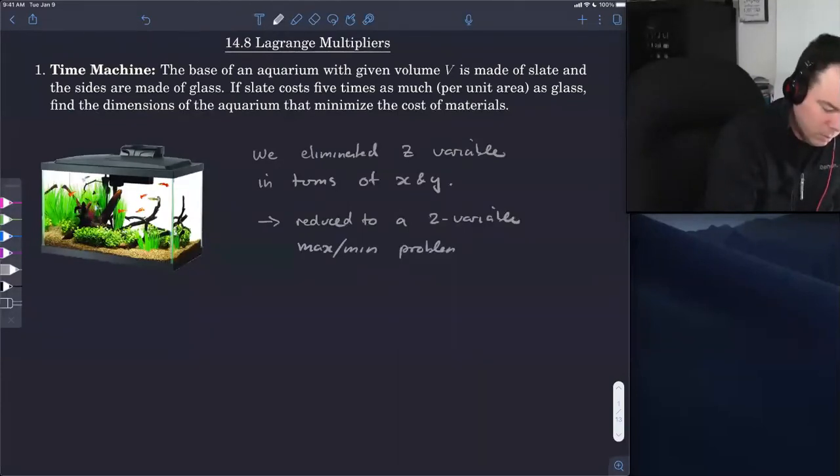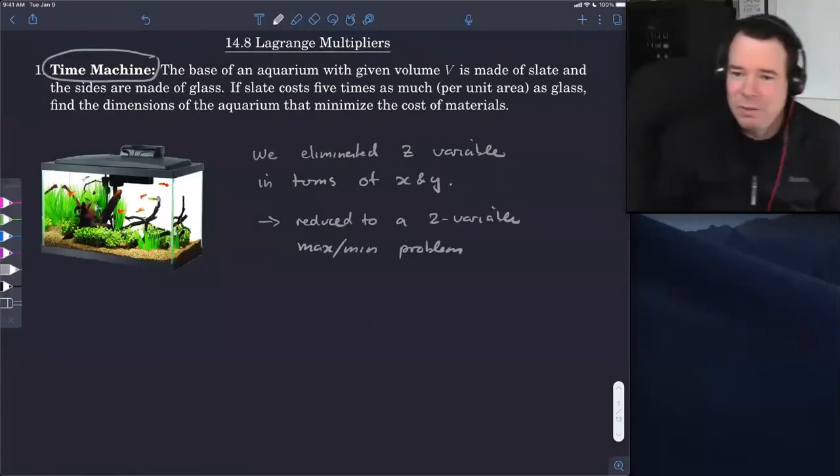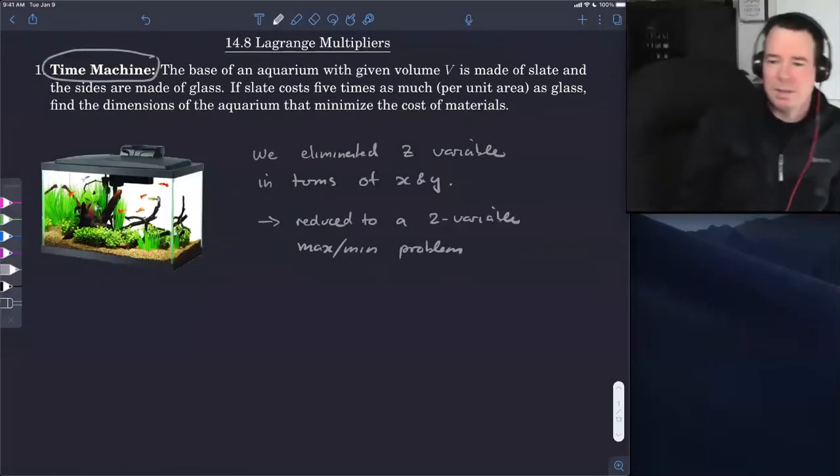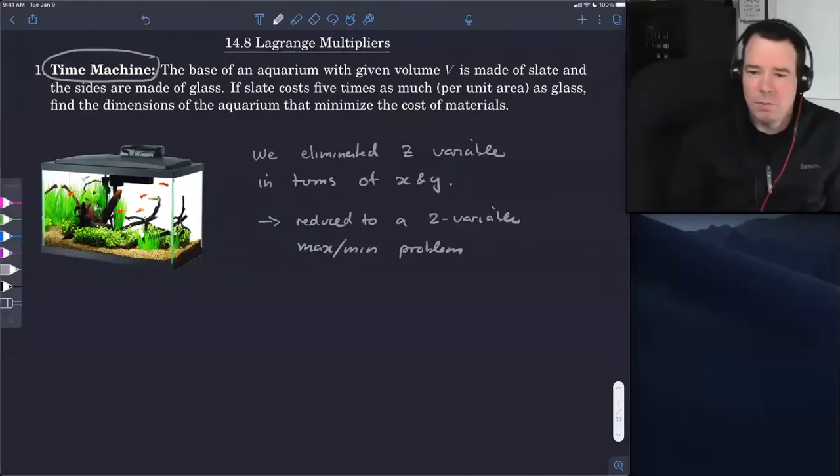Okay, so this is where the word time machine is coming back. It's really just saying in the previous lecture, lecture 14.7, this is what we would have done for a problem like this.